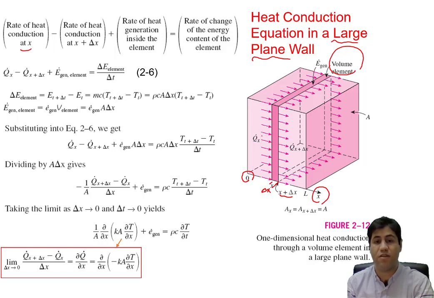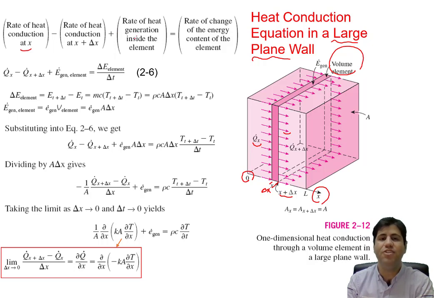This amount of energy comes into the system by conduction, and this amount of energy goes out from our volume element. So rate of heat conduction at x minus rate of conduction at x plus delta x. The direction here is important. This is to our volume, and this is going out from our volume element.